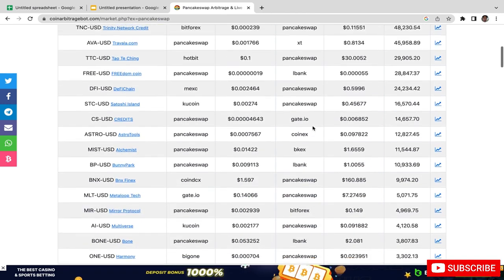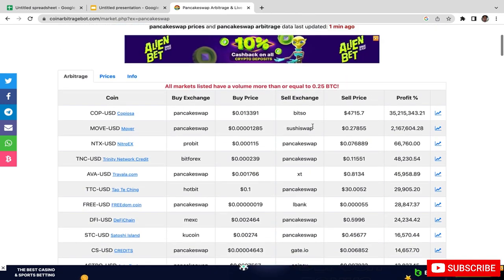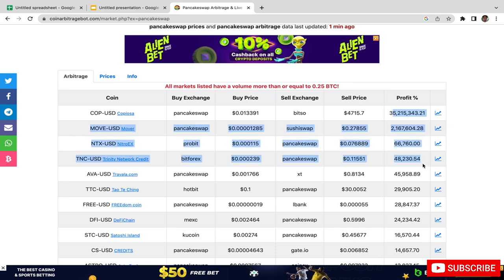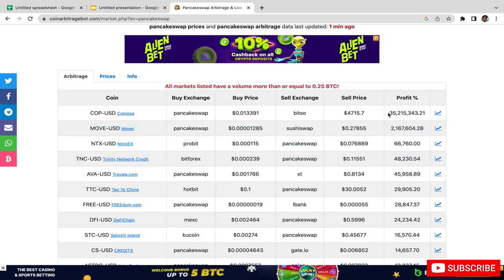And the good thing about this platform, though, is it lets you see the profit here. Look at this. This is the highest profit, 35 million % profit here. What's the coin here? COPIOSA to USD. So if you purchase COPIOSA to USD on PancakeSwap, it costs you this much money, like 1 cent.